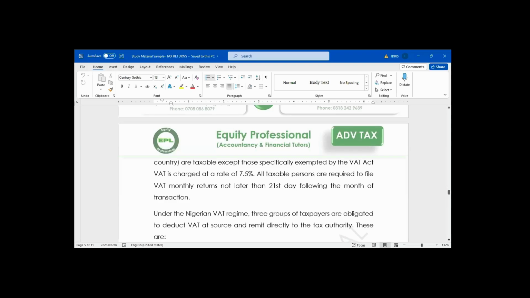What that means is that your value-added tax return for the month of February must be filed not later than 21st of March. Let me repeat again. Your value-added tax return for the month of February must be filed not later than 21st of March.